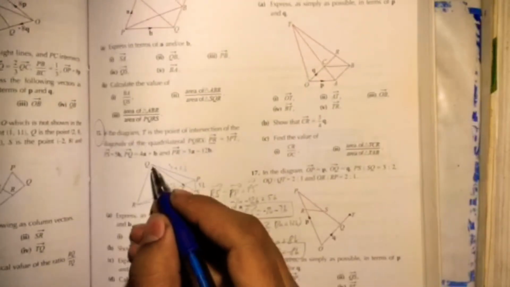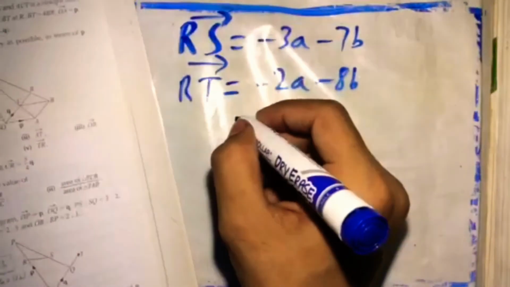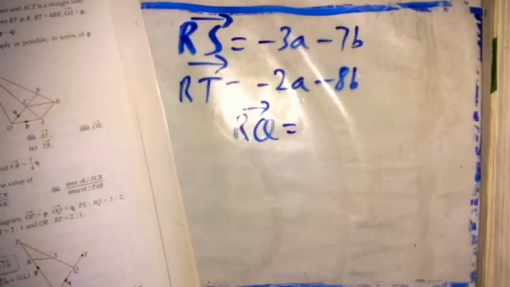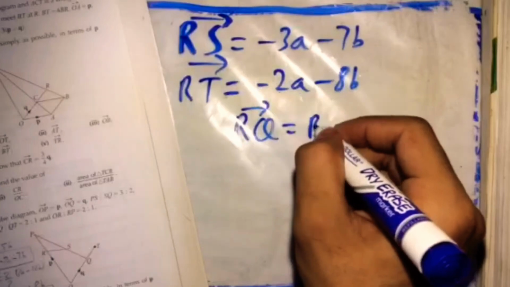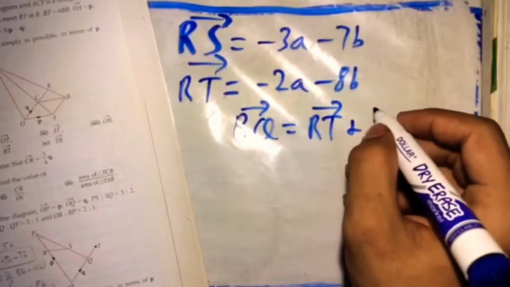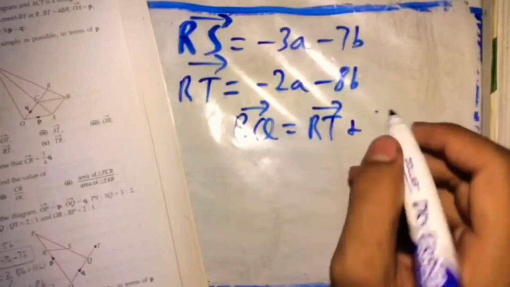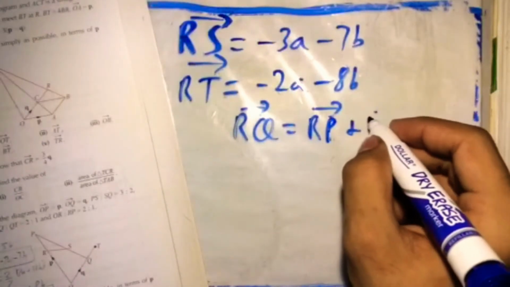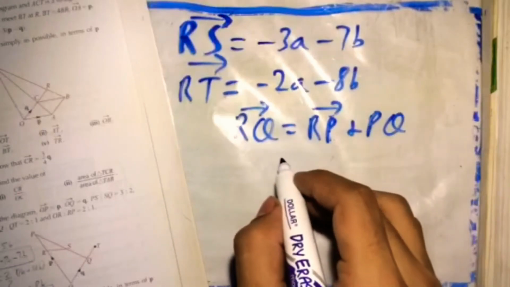Now the next part is find RQ. RQ is this line. So RQ is equal to RP plus PQ.